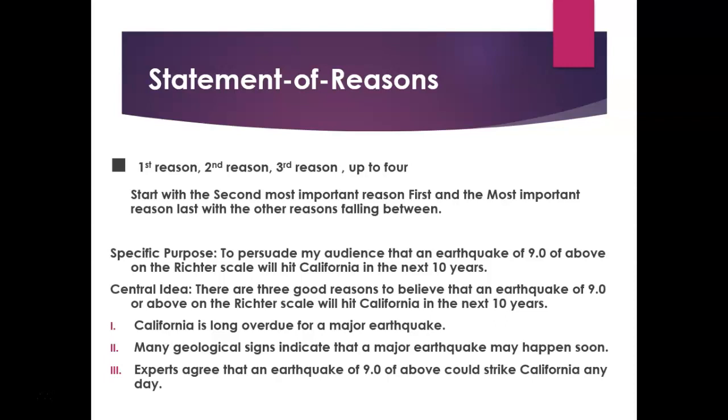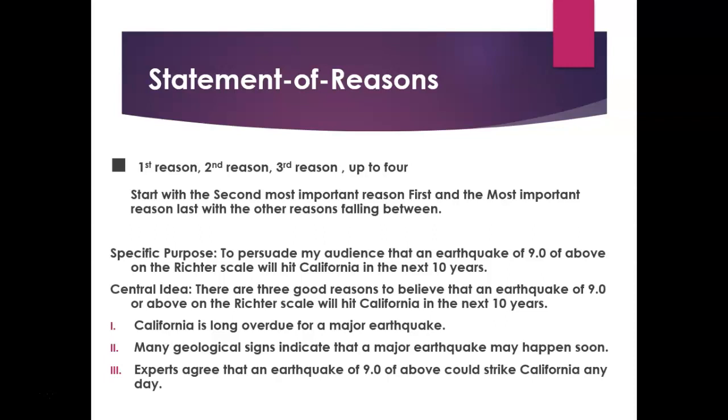Here's an example again of the specific purpose and central idea. To persuade my audience that an earthquake of 9.0 on the Richter scale will hit California in the next 10 years. Central idea: there are 3 good reasons to believe that an earthquake of 9.0 or above on the Richter scale will hit California in the next 10 years.